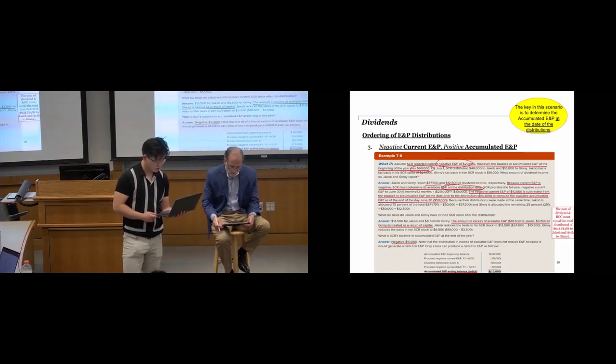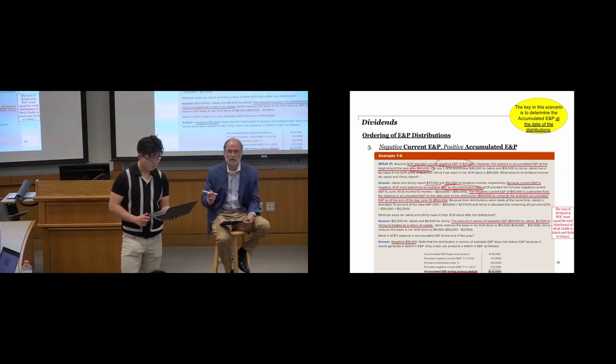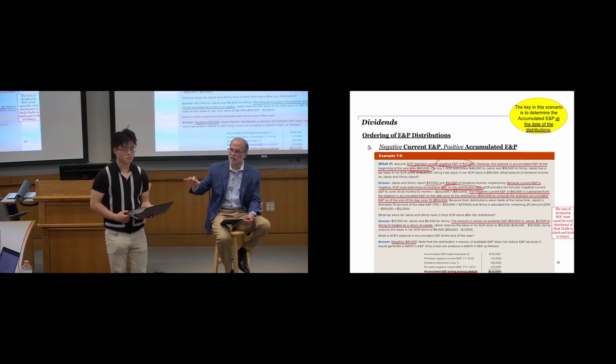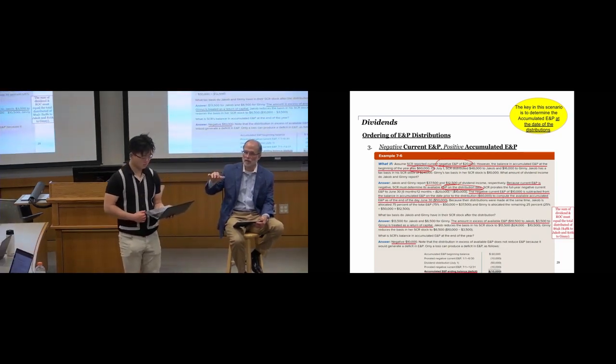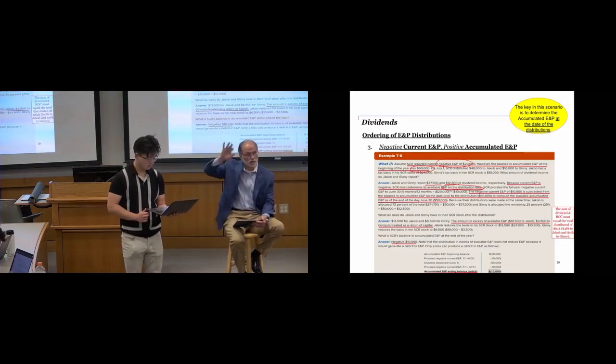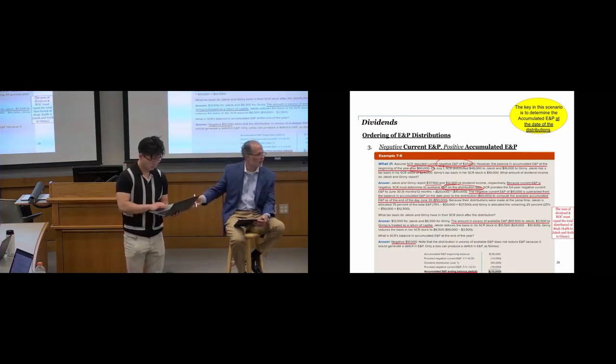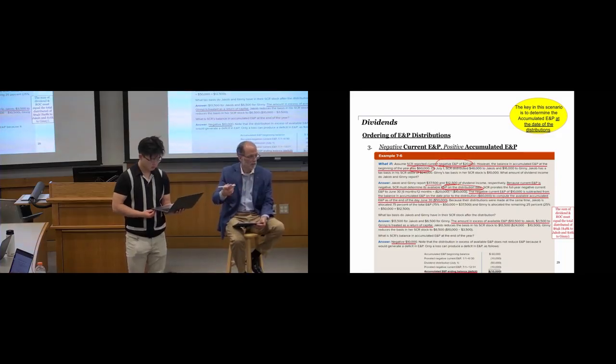Jacob reduces the basis in his SCR stock to 13,500, and Ginny reduces the basis in her SCR stock to 6,500. And I'm there because I've fully exhausted the accumulated E&P as of the date of distribution. 50,000 went out, so there is no more E&P, right? So I have to go to my second category, which is return of capital, and it all depends on whether I have sufficient basis.